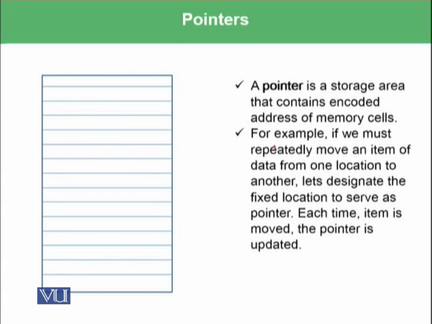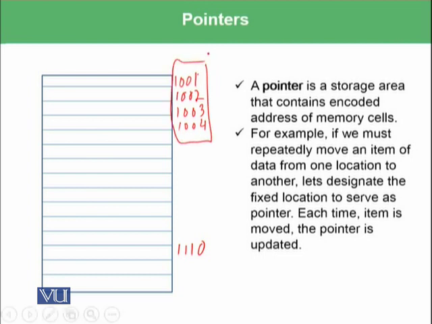So you know that all of the memory cells have certain addresses. So for example, this has address of 101. Let's say this has 102, 1003, 1004, and so on. So here there is an address, for example 1110, and in this location we can store these addresses which we have mentioned over here.